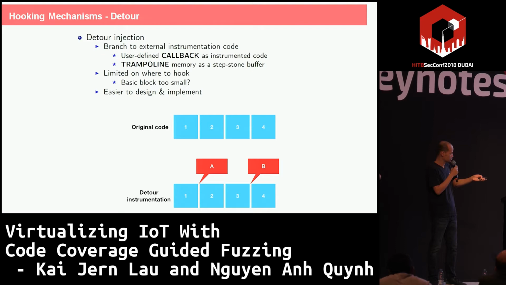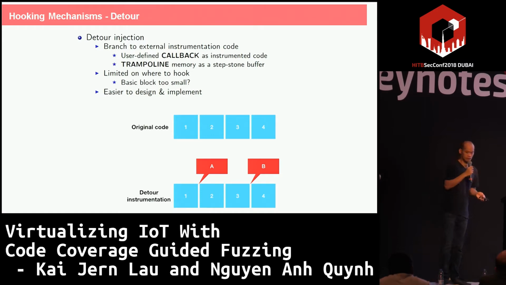But after 3, we jump out to our callback, which is elsewhere in the memory. All of 1, 2, 3, 4 are still in the same place. We do not shift code in the memory. So we put our instrumentation code into the callback, which is executed when the program reaches the place where we want to instrument.